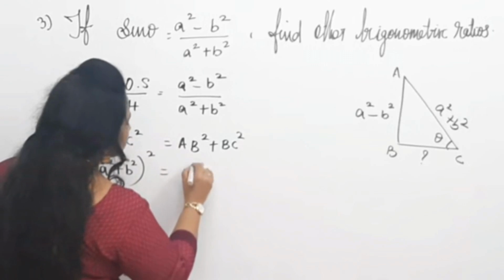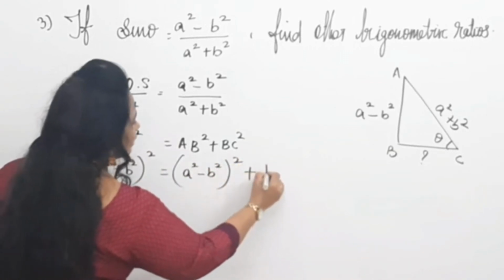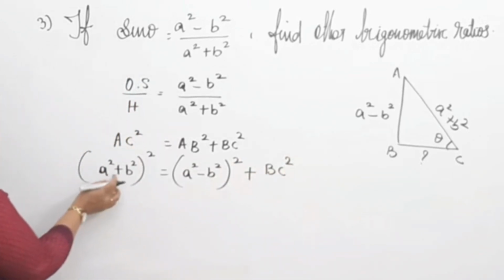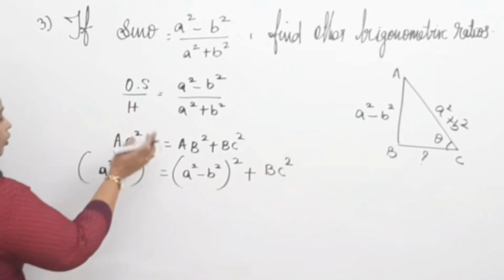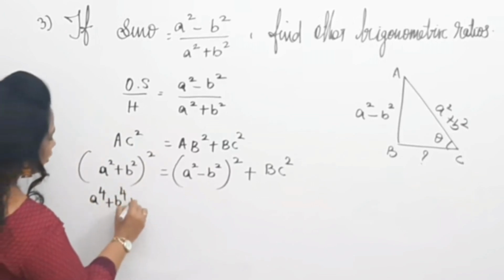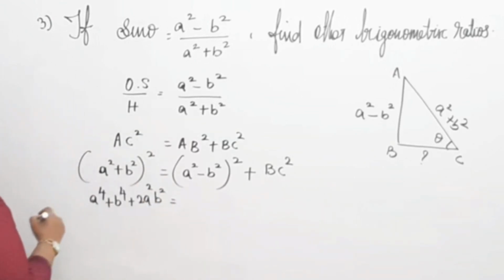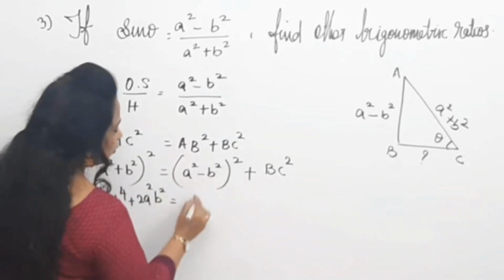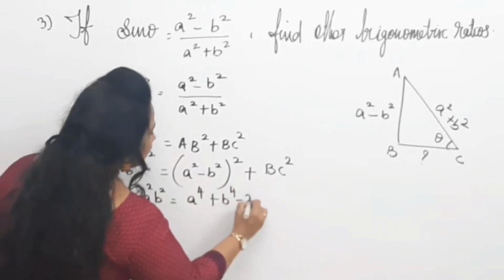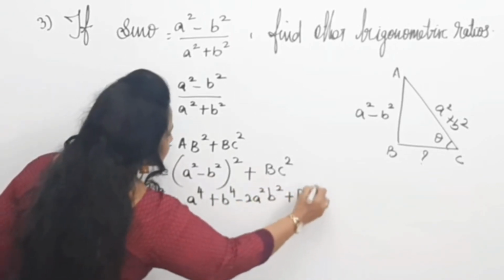And AB square is a square minus b square, the whole square, plus BC square. Now I would expand the identity a plus b the whole square. That becomes a power 4 plus b power 4 plus 2a square b square, which is equal to, again, the a minus b the whole square identity, a power 4 plus b power 4 minus 2a square b square, plus BC square.